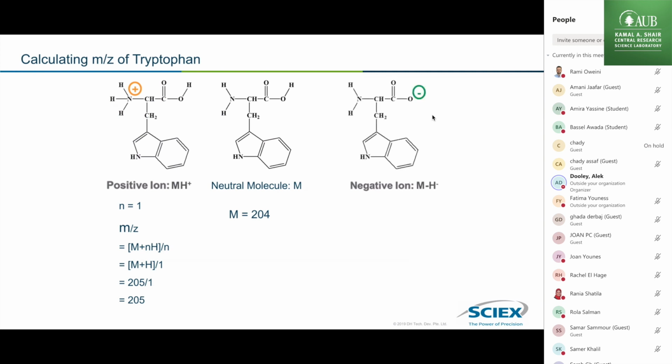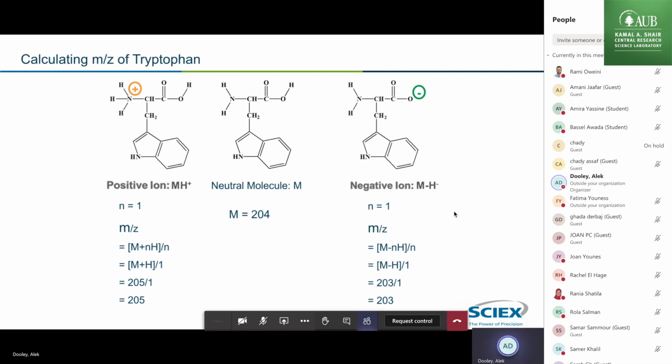And opposite for the negative, N is 1. But we lost 1 hydrogen, so it's M minus NH over N, 204 minus 1 is 203 divided by 1. So that's how we go back and forth between mass per charge and mass.